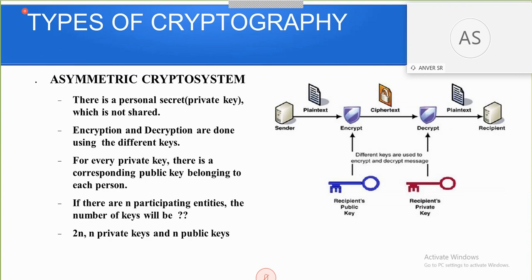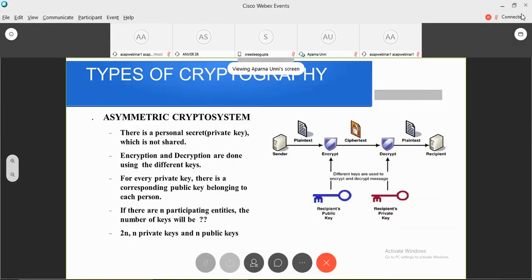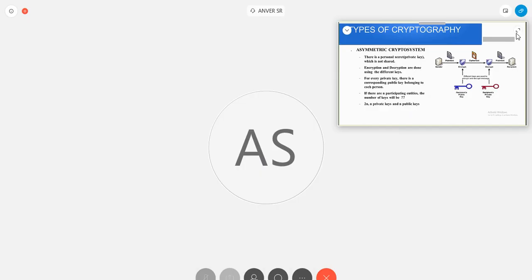So here, in this example, the sender is encrypting using the recipient's public key. That is in blue color. And this ciphertext is passed through an unsecure channel. And at the receiving side, the recipient decrypts using the recipient's private key. That is, the recipient's private key is known only to the recipient. Okay, and his public key was publicized. So that is why the sender encrypts using the recipient's public key.